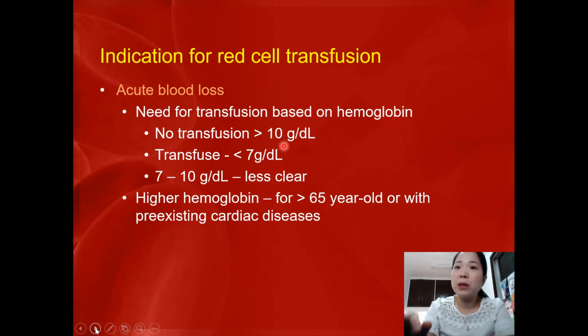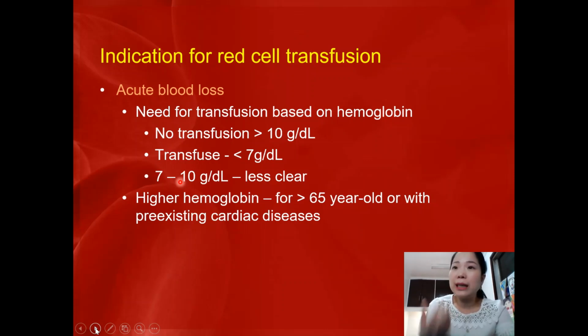If the hemoglobin is more than 10 grams per deciliter, then transfusion may not be needed. However, if it's already less than 7 grams per deciliter, then you need to transfuse. The range between 7 to 10 grams per deciliter sometimes may be less clear.